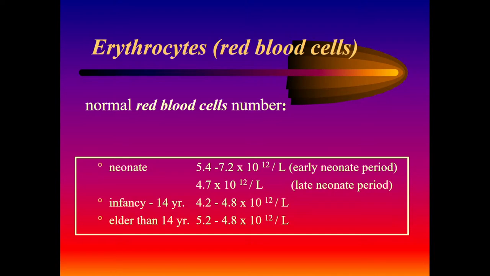In infancy, the border of normal red blood cell number, you can see on this table, is between 4.2 and 4.8, and in those older than 14 years old, 5.2 to 4.8.